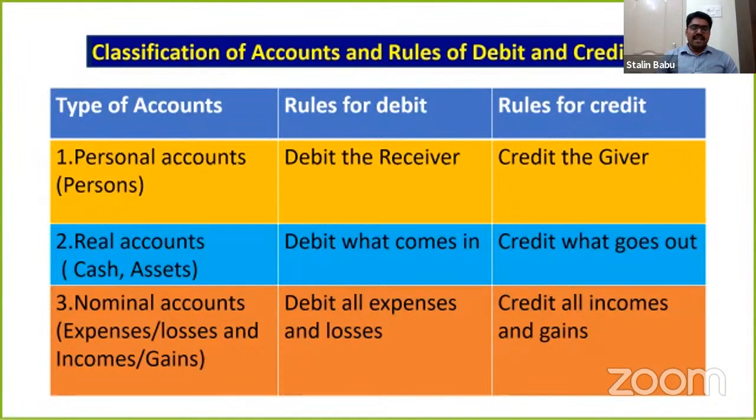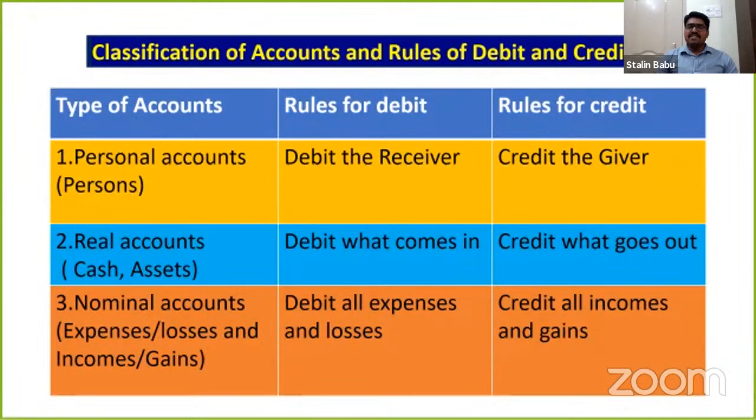Then the second account, real account. Real account deals with cash and assets. The rule is debit what comes in and credit what goes out. Whenever cash and assets come into the business, they are debited.